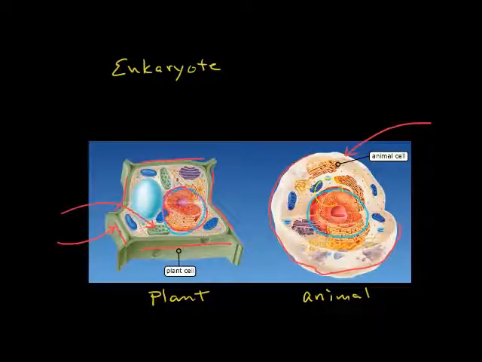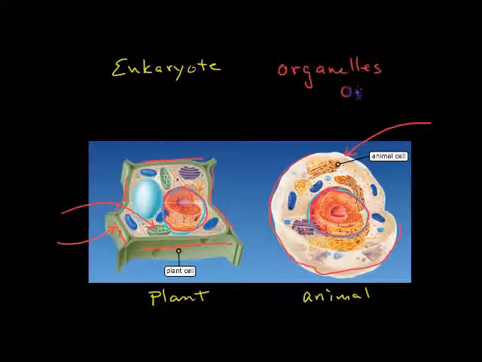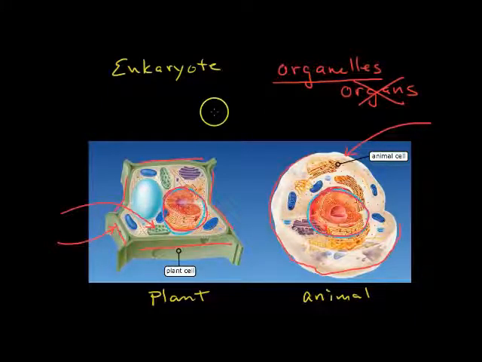Here's a nucleus, and here's the nucleus of the animal cell. Okay, and the most important aspect of a eukaryote is that it has something called organelles, not organs. We have organs, but the cell has something called organelles, and the words are similar because their functions are similar.